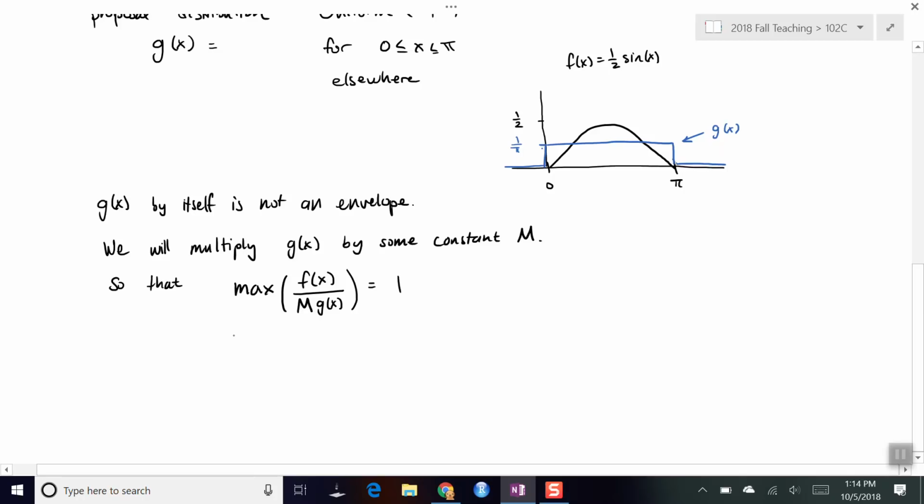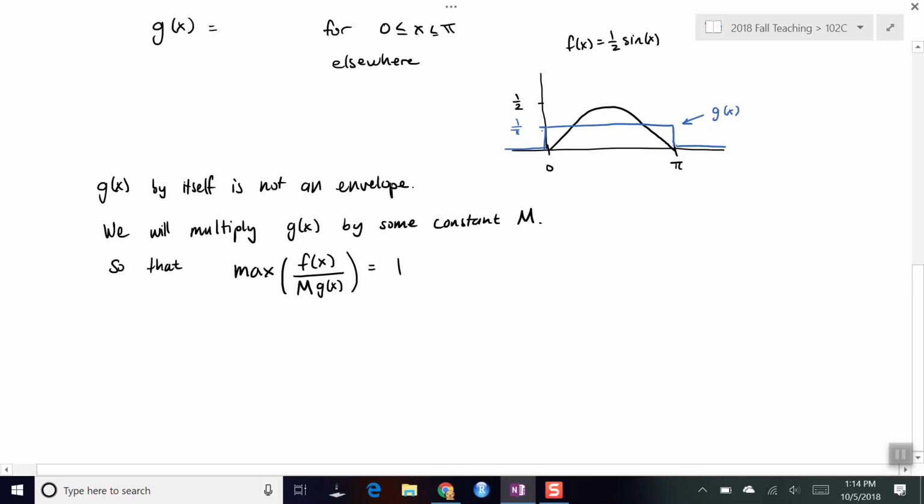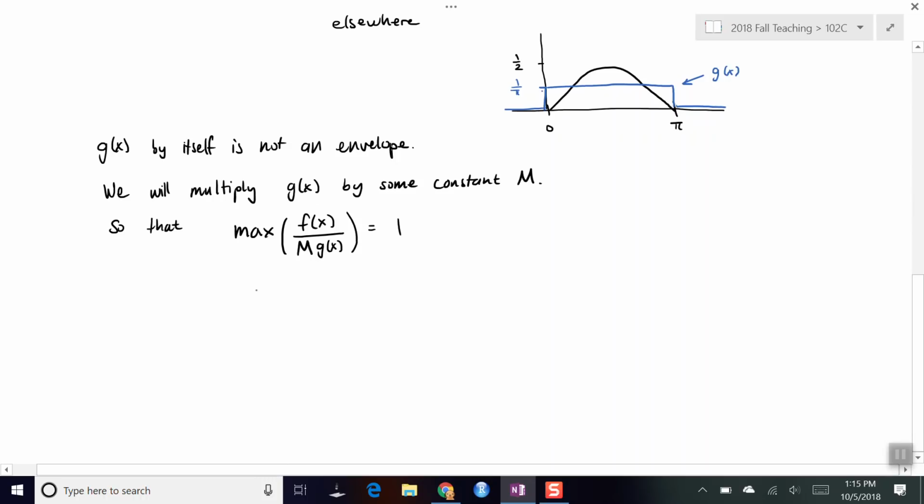So basically we need to find kind of the greatest difference in ratios. So what do we have here? For m, what can we use?